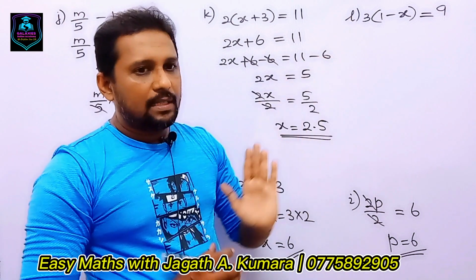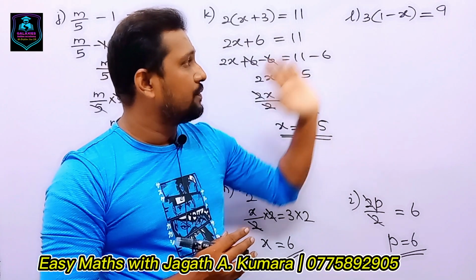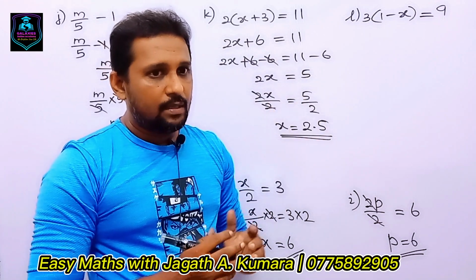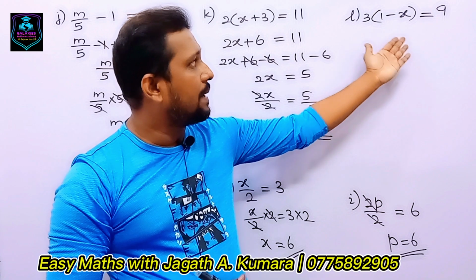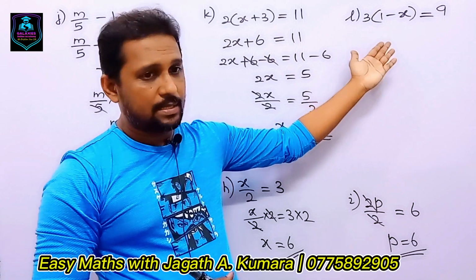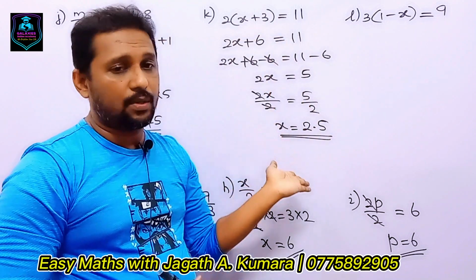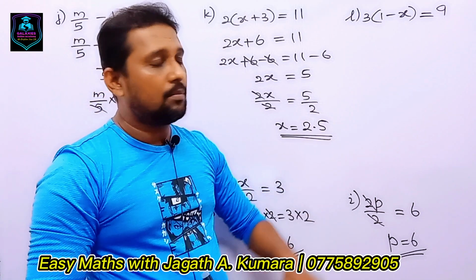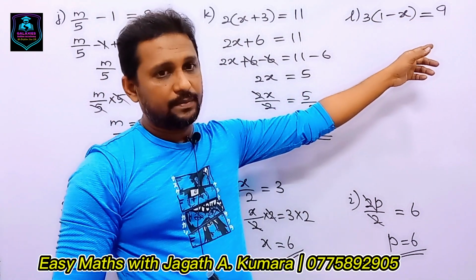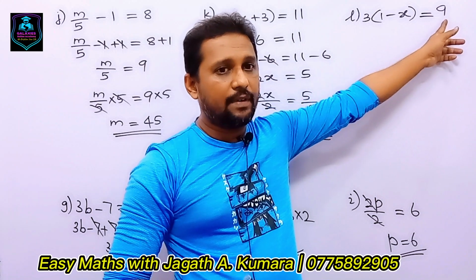Also there are two methods you can follow to get the answer for this question. If you want, you can remove the bracket first, then like this you can solve it. If you want, both sides you can divide by 3, because this side also you can divide by 3.